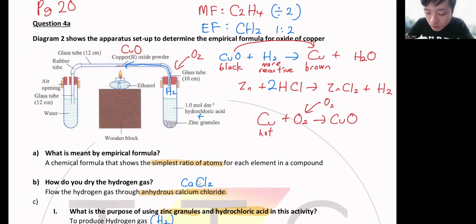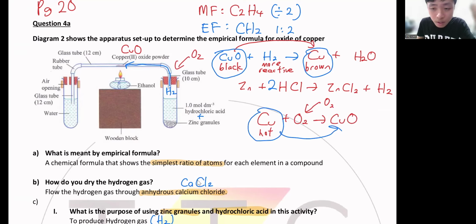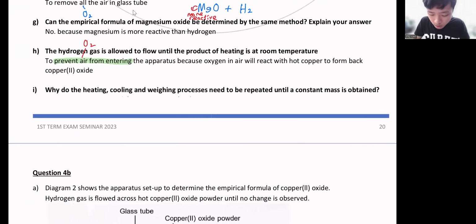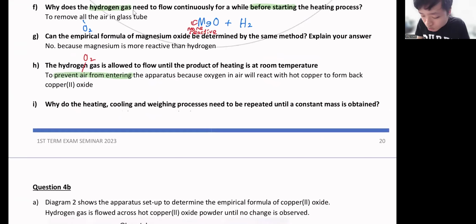Do you think I want that? My experiment is to turn CuO into Cu. How can I want my Cu to go back to CuO? So that's why I prevent any oxygen from entering even after the experiment, even when cooling down the copper. You can say it is to prevent air from entering, because the air would react with the hot copper, which goes back to copper oxide, which you don't want to happen.